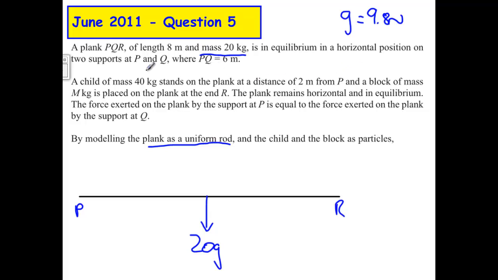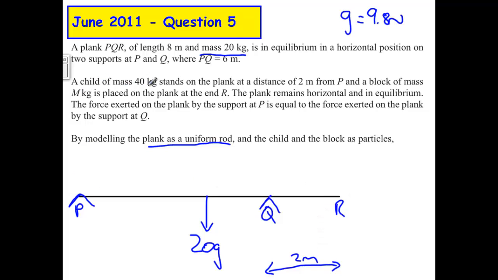Okay. Now it tells us that this plank is resting on two supports. One of them is at P and the other one is at Q, where PQ, so the distance from P along to Q, is 6 meters. So Q will be about here, and this distance from Q to R will be 2 meters if the total is 8 meters.